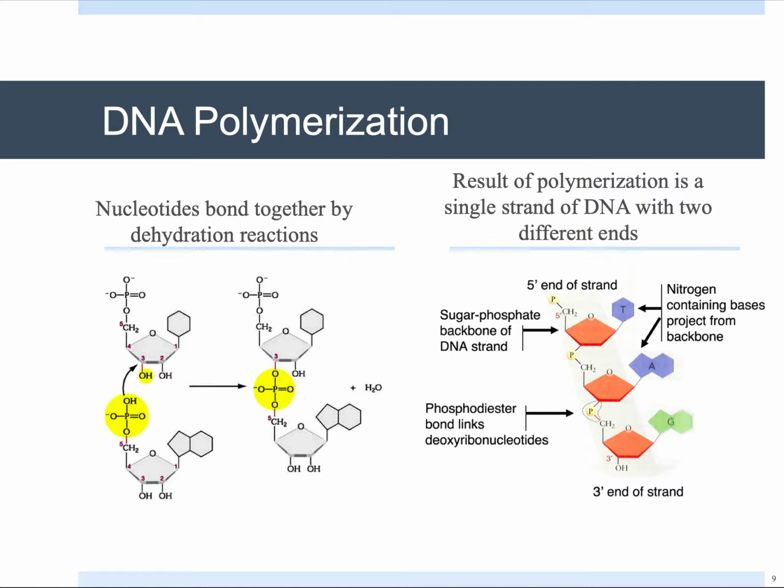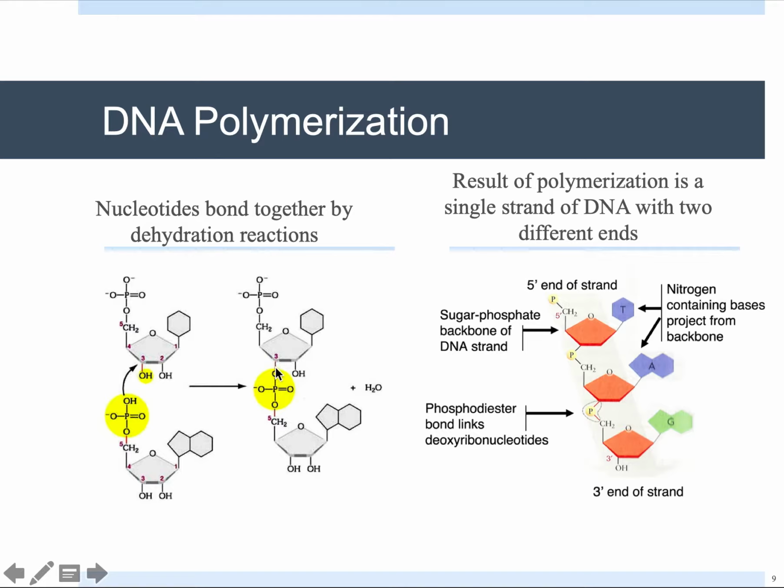So the nucleotides can be joined together, and that is an example of polymerization. You're forming a polymer. Remember dehydration synthesis from previous lectures. So you have two nucleotides that form a bond known as a phosphodiester bond, and in the process water is released.